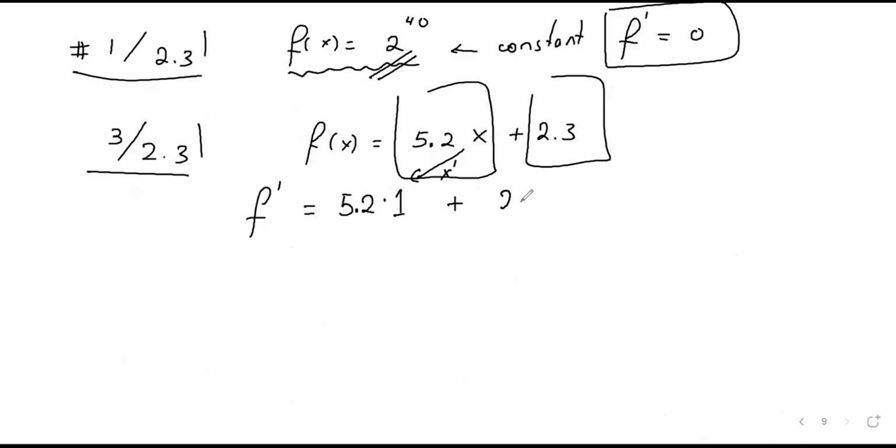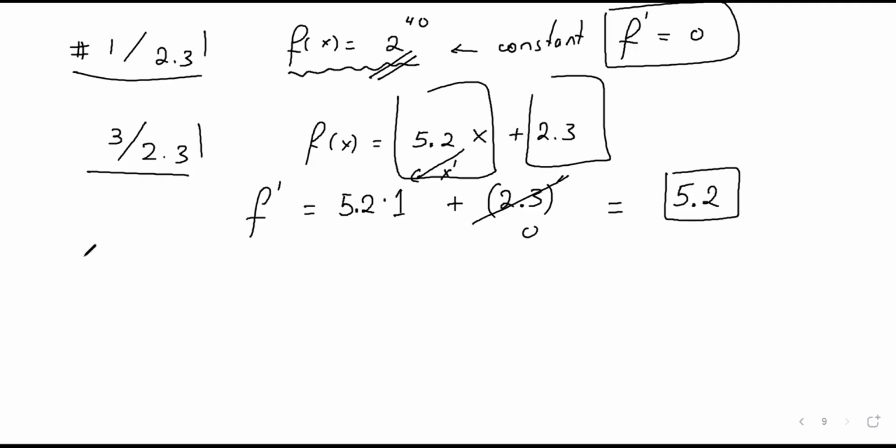Plus 2.3 primed, which is, as you know, folks, 0. It's a constant primed. So this is going to end up being 5.2, the answer to this problem. Remember that, folks. This is a common mistake that I see, that people forget to do the prime of 2.3. Well, 2.3 has to be primed as well, and it becomes 0, so you end up with 5.2.